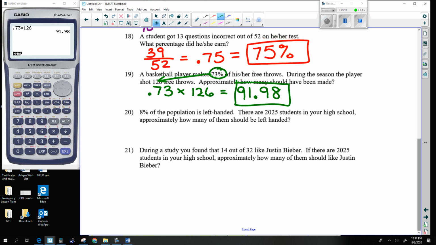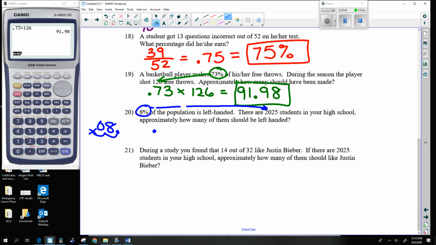8% of the population is left-handed. There are 2,025 students in your high school. Approximately how many of them should be left-handed? So again, we are not creating a percentage, we have it. So we are taking 8% of that 2,025. So 8%, so think about this, 8%. Move the decimal place 2 places.